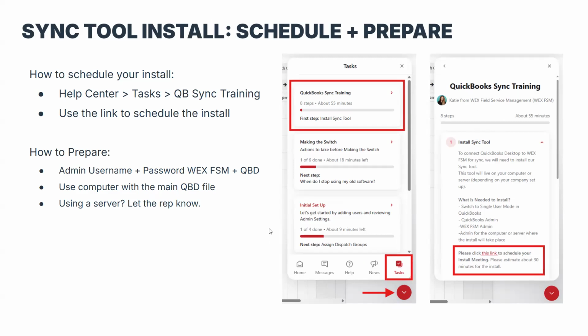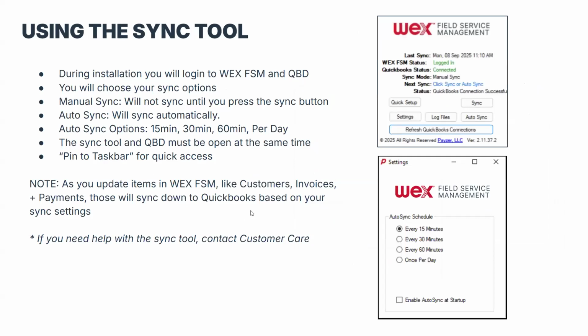To prepare for a sync tool install, you need your admin username and password and be on the computer that has your main QuickBooks desktop file. If you're using a server, you just need to let your representative know and it'll be a Zoom call just like this. The customer support rep will install everything for you and teach you how to use the tool.